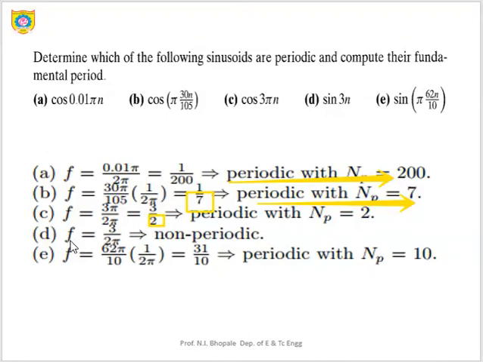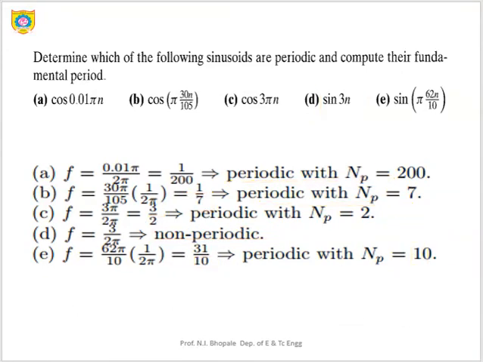But for case D, 3 is nothing but 2 pi f, so f will be 3 by 2 pi. That is why it is non-periodic, since the denominator is a non-integer, fractional value. And for the final case, the fundamental period is 10.